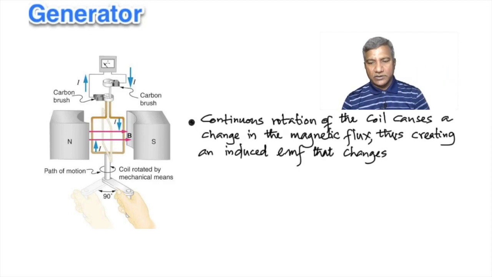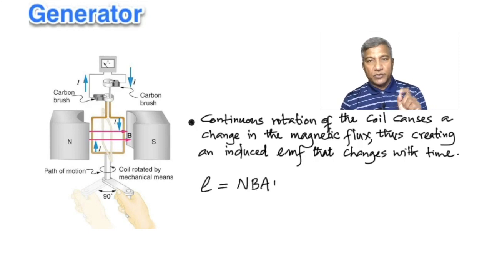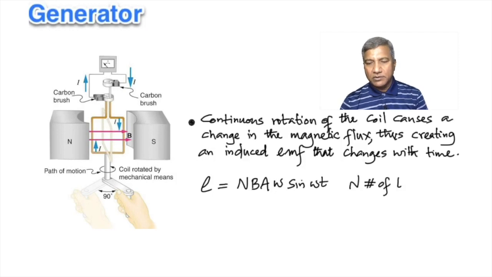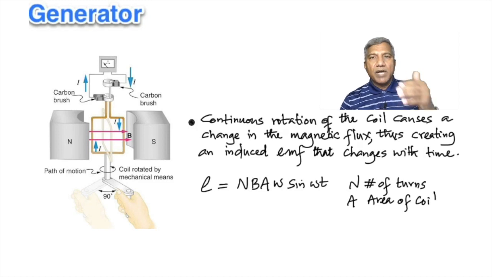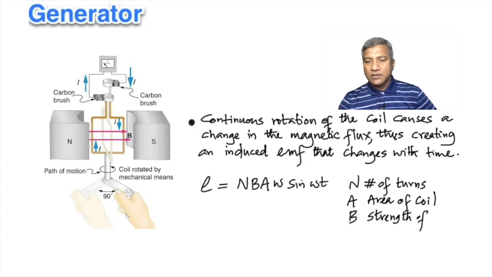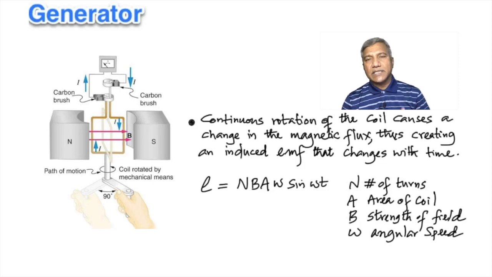So 4 quantities. I'm going to write them now. E, which is the induced EMF, is NBA omega sine omega t. That's easy to remember, NBA. N is the number of turns, A is the area of the coil, B is the strength of the field, and omega is the angular speed of rotation.